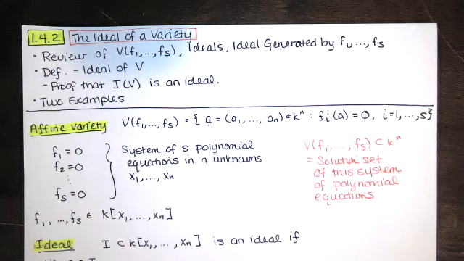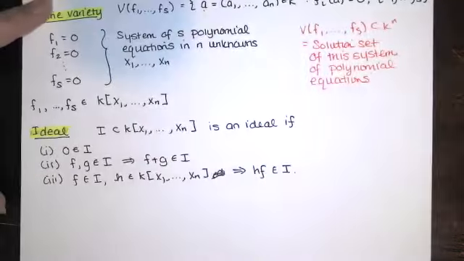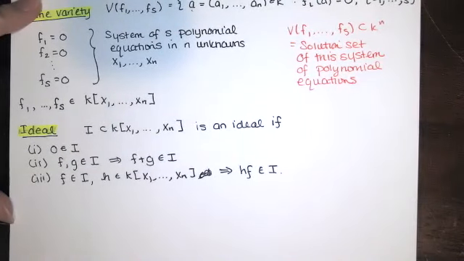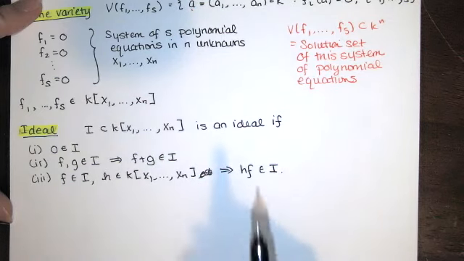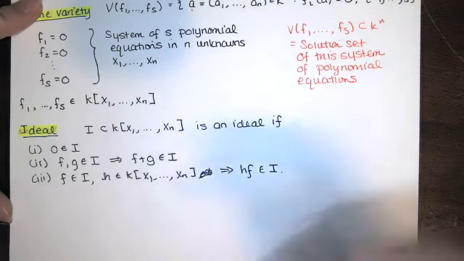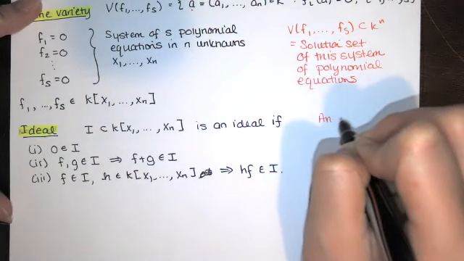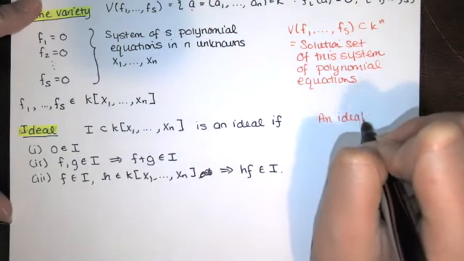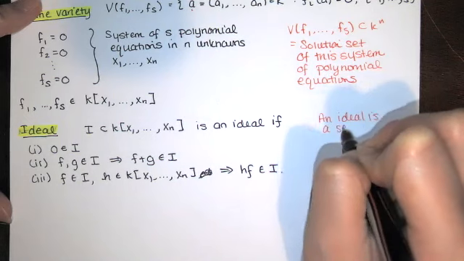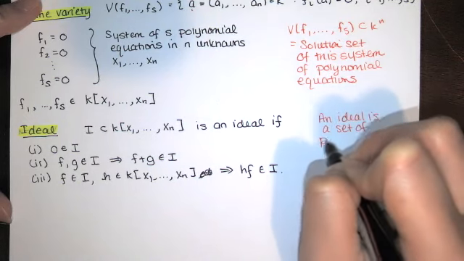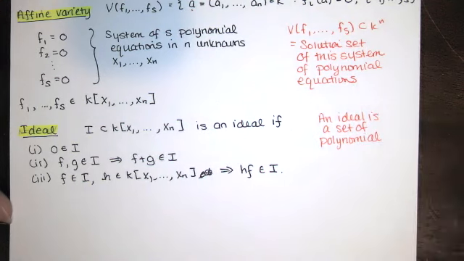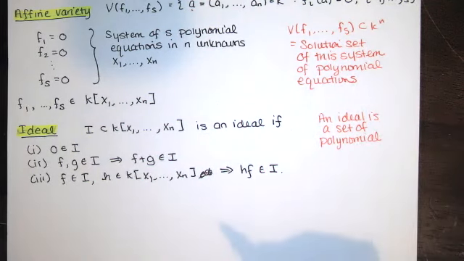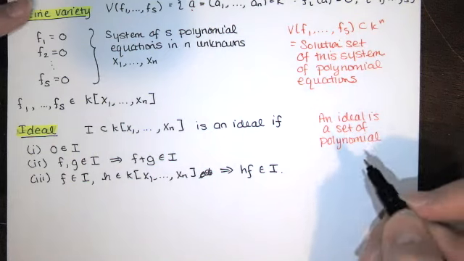Another important object, a very important mathematical object that we talked about in the last video, is an ideal. Now, an ideal is a subset of this polynomial ring, so it's a set of polynomials that satisfies these three conditions.